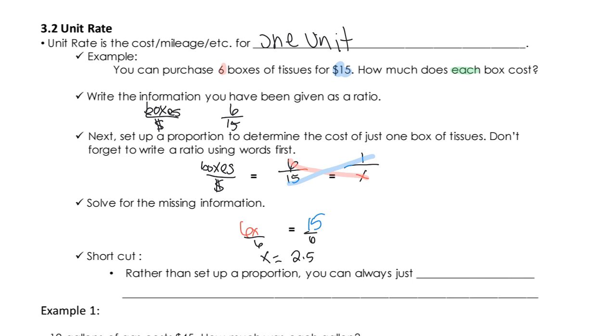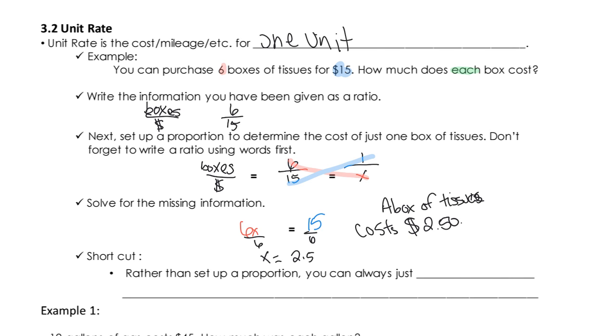So then a box of tissues costs $2.50. So that's our answer. A box of tissue costs $2.50.